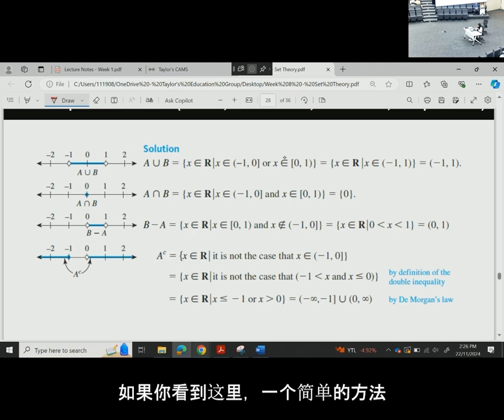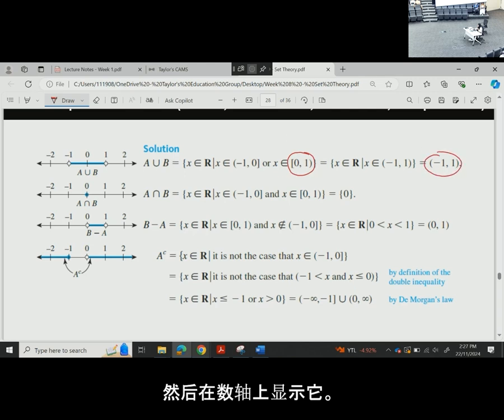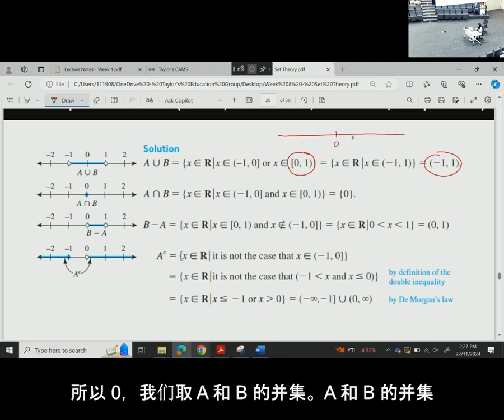So if you see over here, an easy way is just focus on the range here and the range here, and then show that on a number line. So this is the union of A and B.